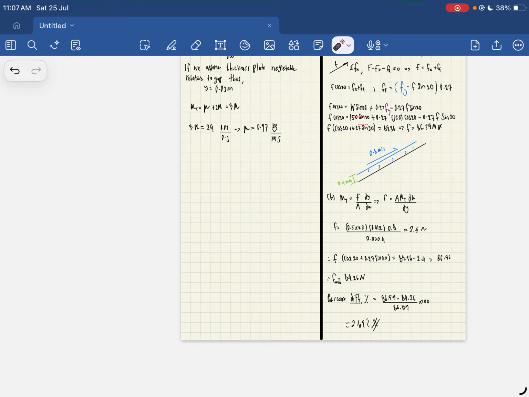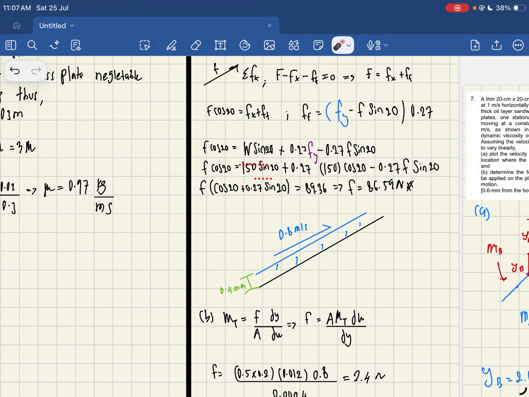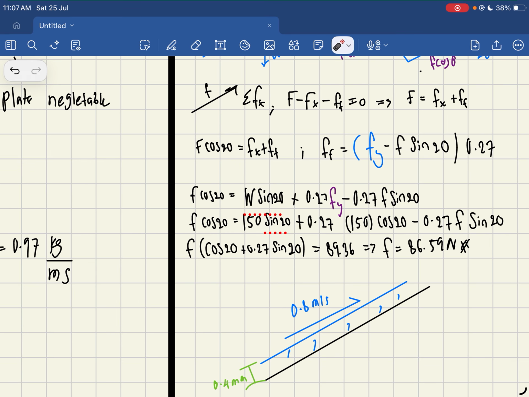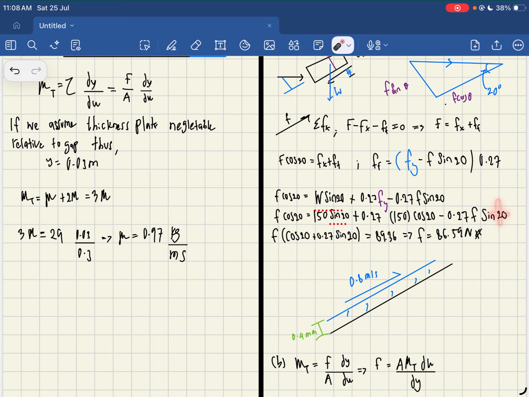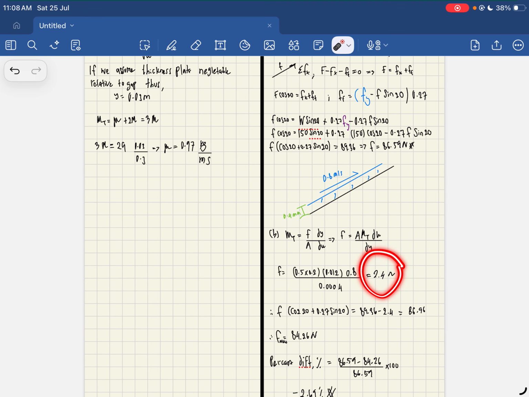So here we take back the force from the earlier result, and we need to subtract the force that we just got. Subtracting it indicates that the effect of the oil will reduce the applied force, because we have less friction.